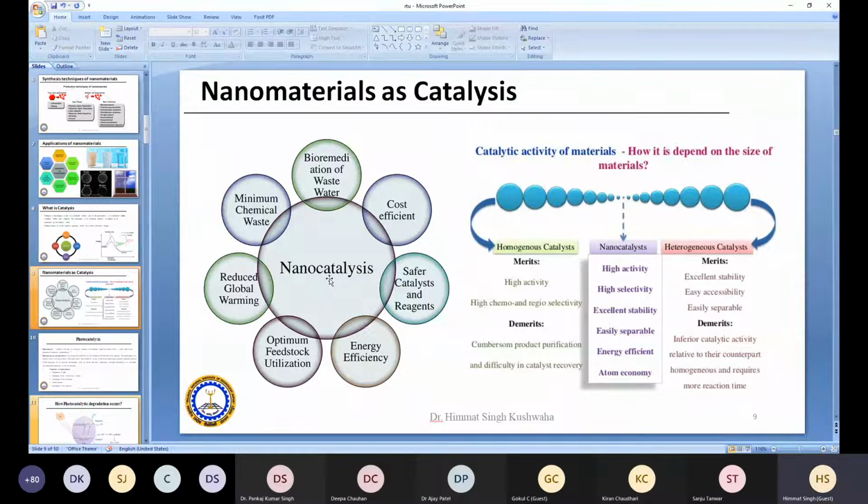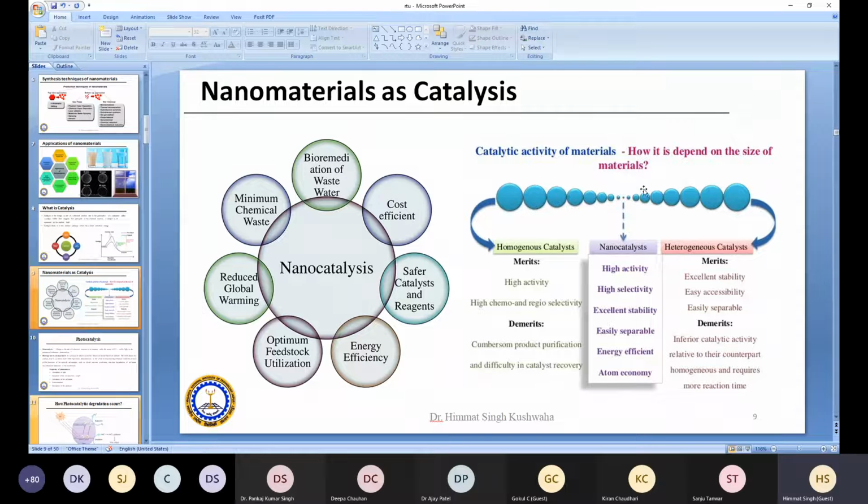Okay. So on the basis of the catalytic properties of these nanomaterials, we can use them for bioremediation, like wastewater treatment, and as a catalyst in fuel cells, because they have some advantages over homogeneous and heterogeneous catalysts, and they have some demerits also.